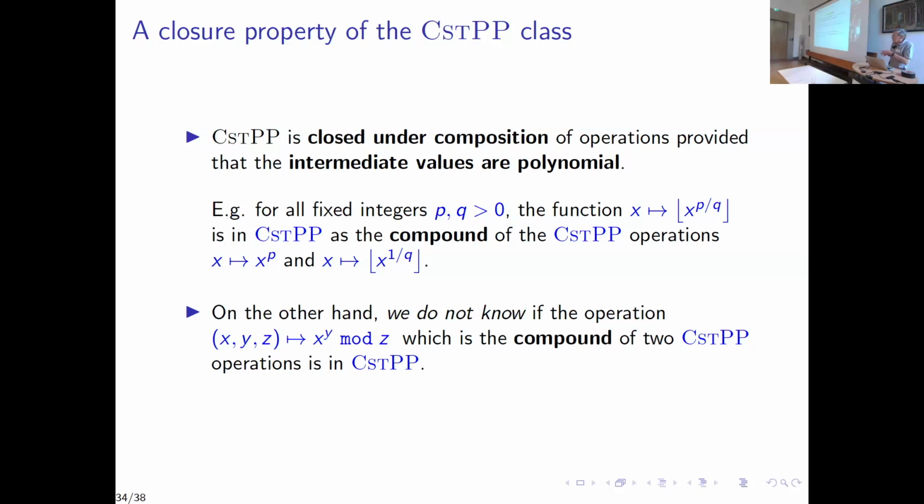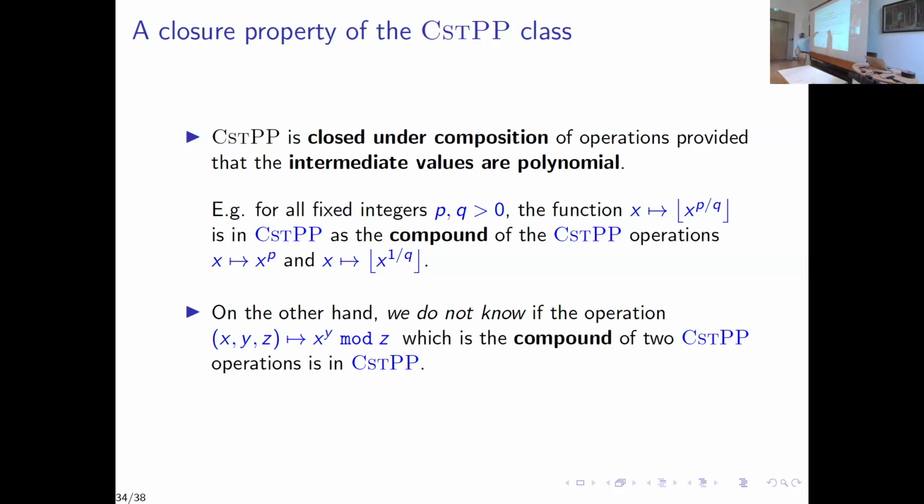We are interested in closure properties in general. It's closed under composition, provided the intermediate values are polynomial. For example, you have this result because the intermediate results are polynomial.